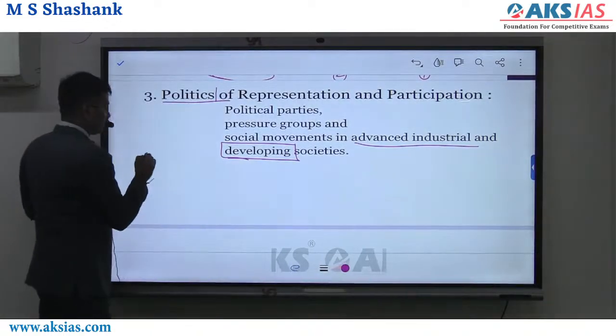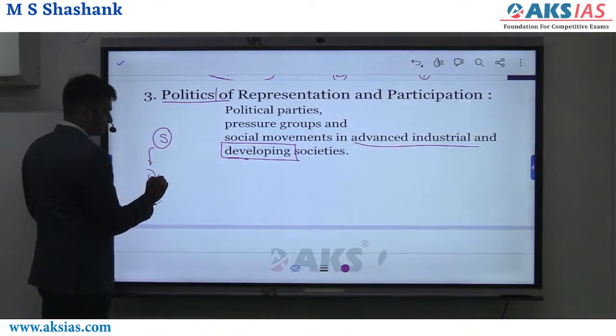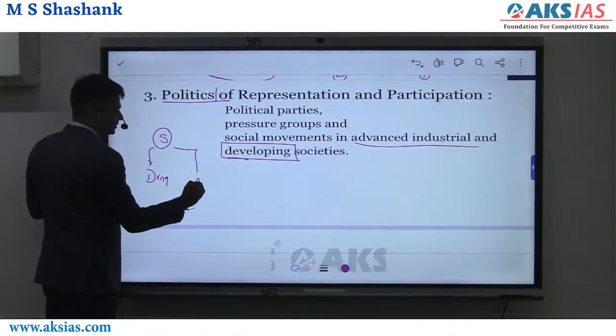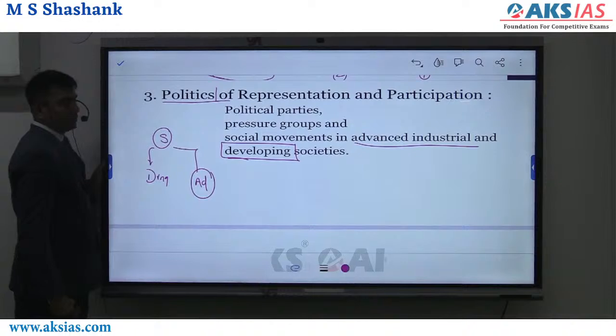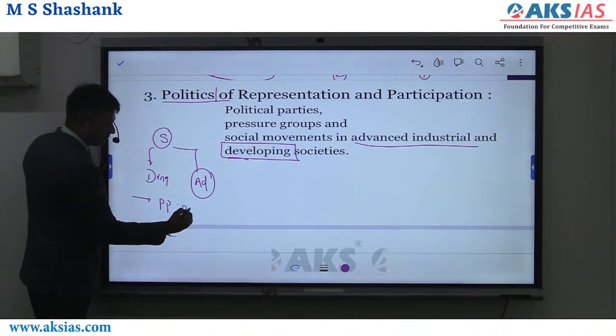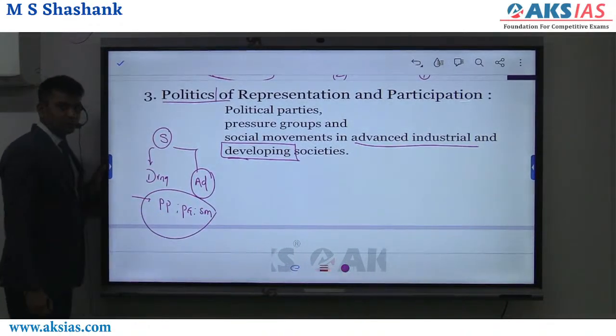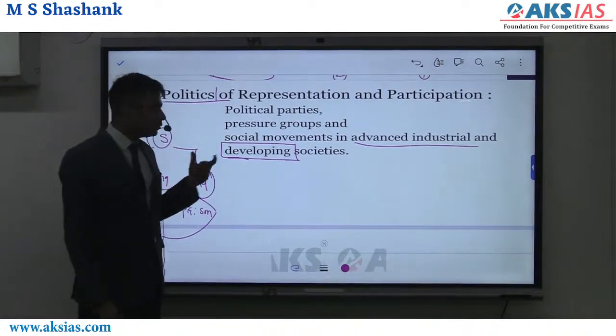In developing societies and advanced societies, how political parties are influencing politics, how pressure groups are influencing them, how social movements are varying.